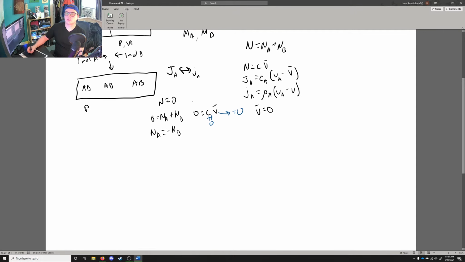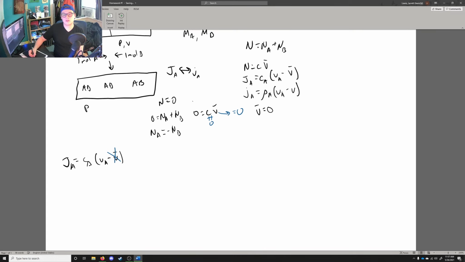Now we need to look at our equation for the molar diffusive flux of gas A. It is equal to the molar concentration of A times the mass average velocity of A minus the molar average velocity. We already know the molar average velocity is 0, so we can get rid of that.